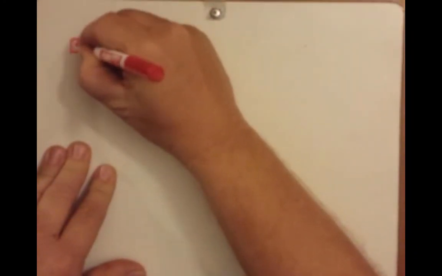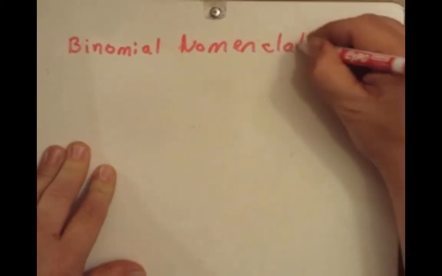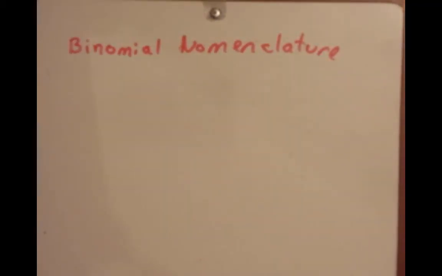The next two things we need to talk about are how scientists name things and how we order them. Let's begin with the term binomial nomenclature. As your book describes, there are many common names for animals and plants, and these common names are fine in our daily lives.